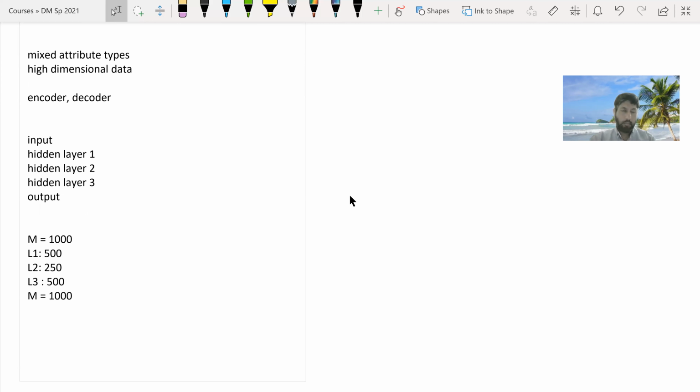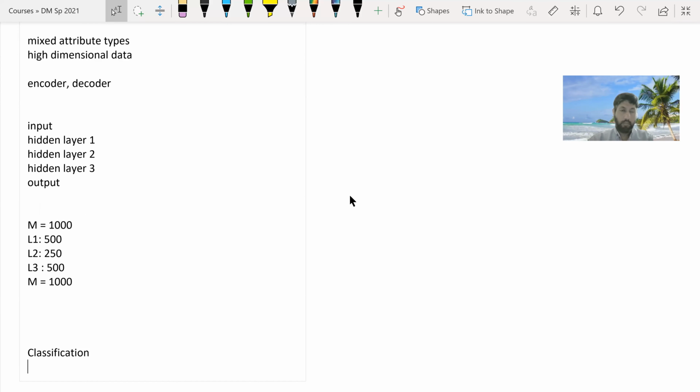So let's now talk about classification. Previously we had talked about clustering, which is a main task in data mining. Classification is another main task in data mining. And from a machine learning perspective, this is often categorized as supervised learning.